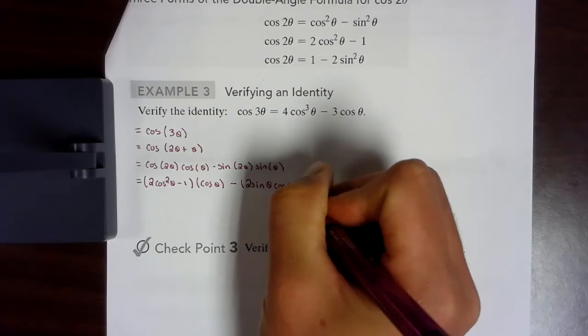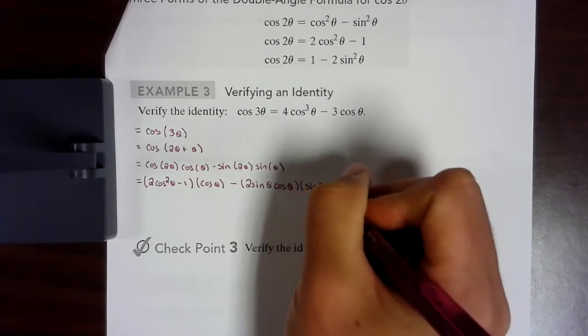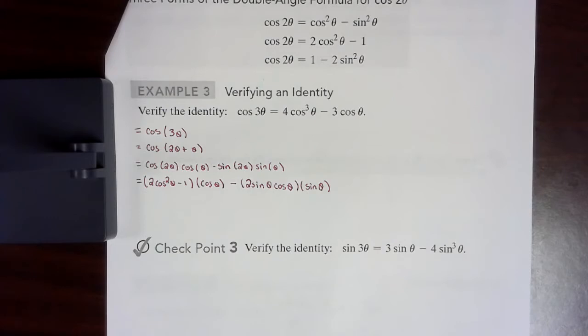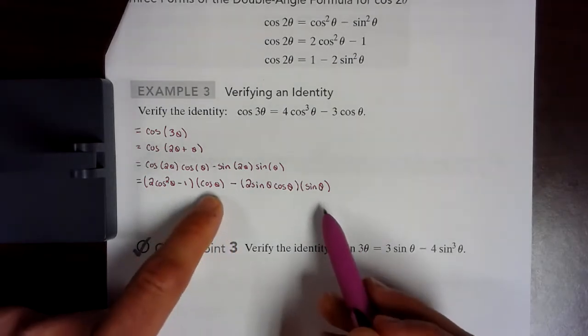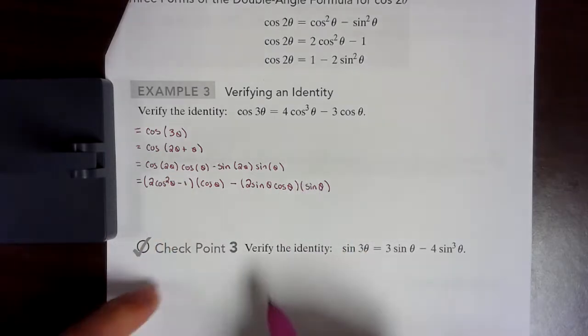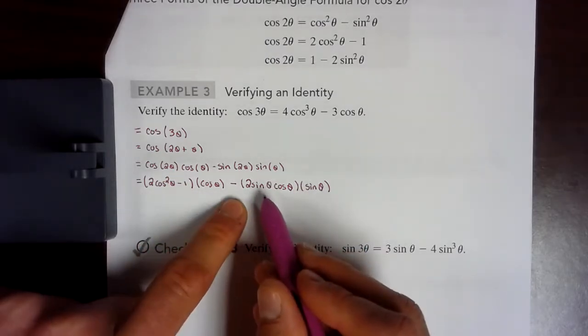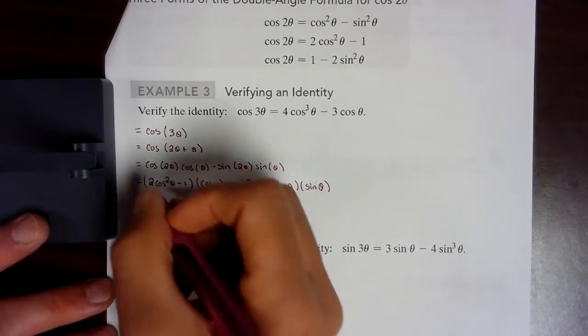And we still have that being multiplied to sine of theta. So once again, okay, can I do anything here? Well, I can go ahead and distribute this cosine and distribute the sine to start to get cosine squared and even sine squared. And again, maybe that'll take us somewhere. So let's see what happens here.